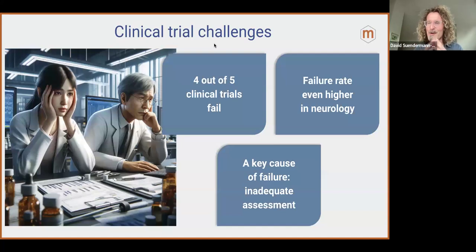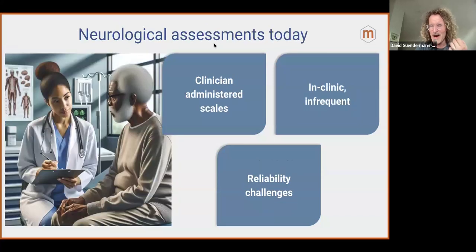Now, before going into this interview, a quick reminder. We are talking about clinical trials, clinical research. Many of these trials fail, specifically in Parkinson's disease and in related neurological conditions, which we will talk about today a lot. This is the case. And one of the key issues and causes why failures are happening is, among other things, that assessments of these diseases are very difficult.